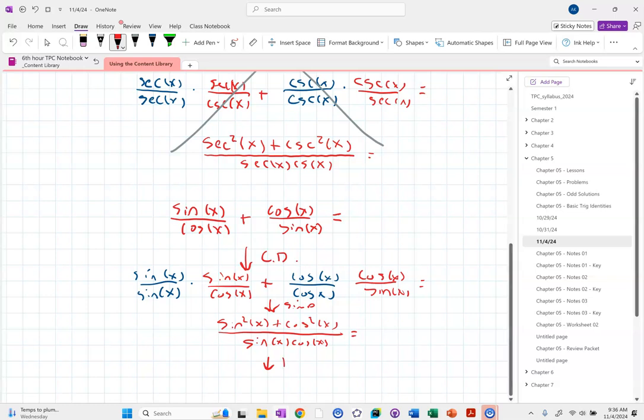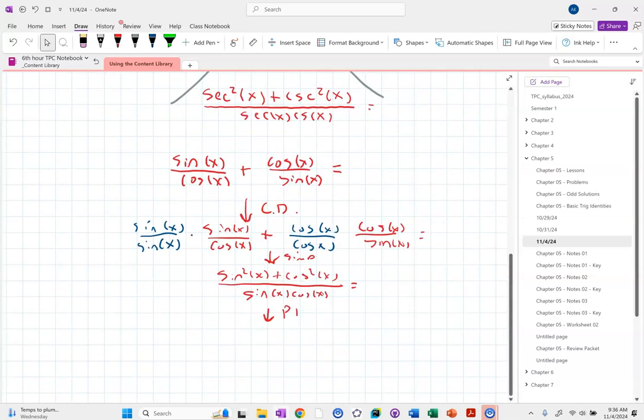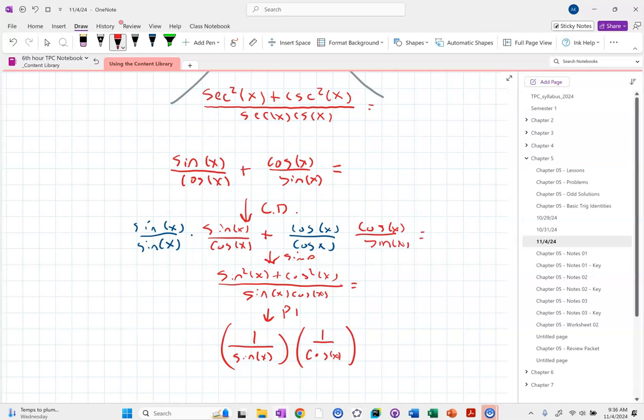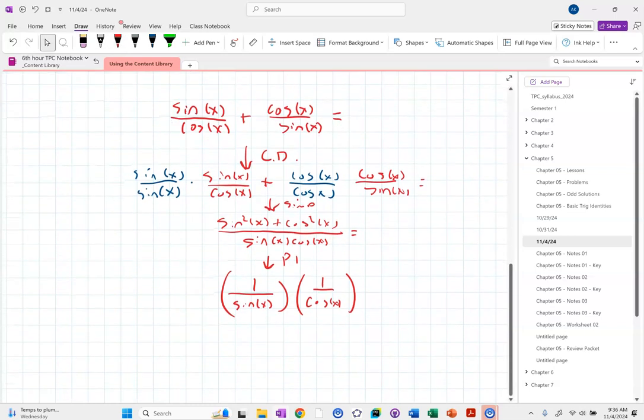Yeah, that's just P1, right? What's sine squared plus cosine squared equal? 1. And then instead of 1 over sine times cosine, I'll just think about it as 1 over sine times 1 over cosine, right? We've used that trick before. And that's great because now I can apply R4 and 5.